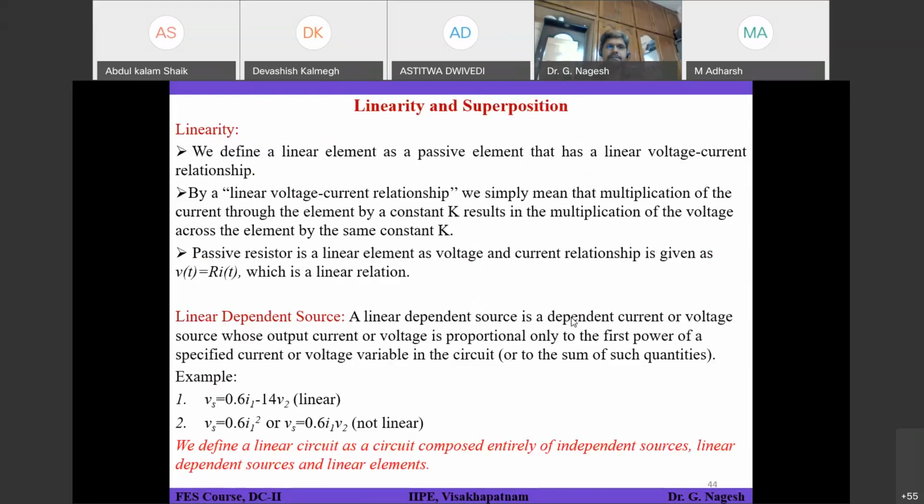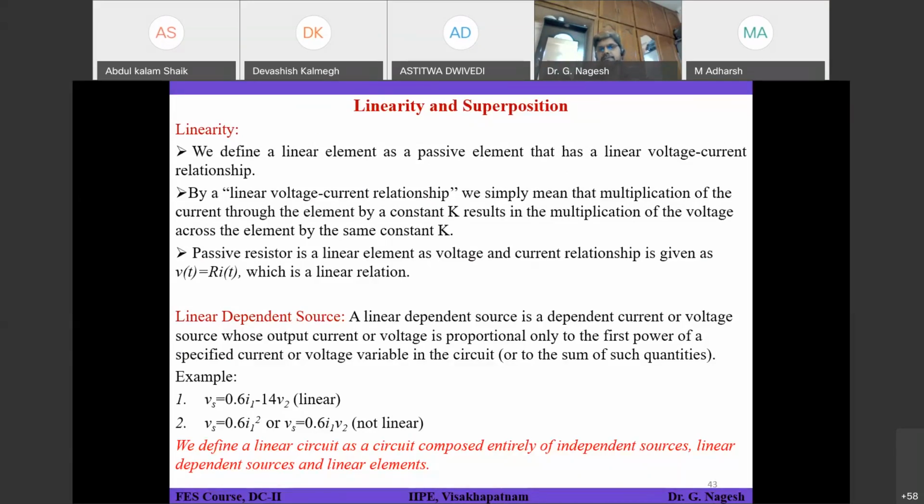Okay. So coming to this, first of all, what is linearity and superposition? We have already seen a passive element called a resistor. There we have seen that a resistor is a linear element. So how do we define linearity, whether an element is linear or not? We define a linear element as a passive element that has a linear voltage current relationship.